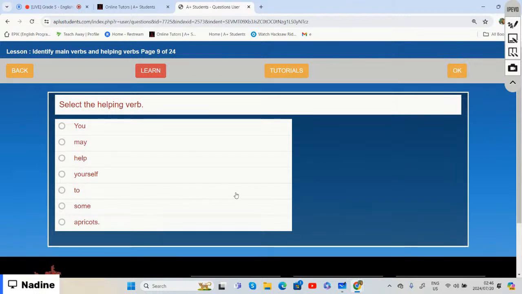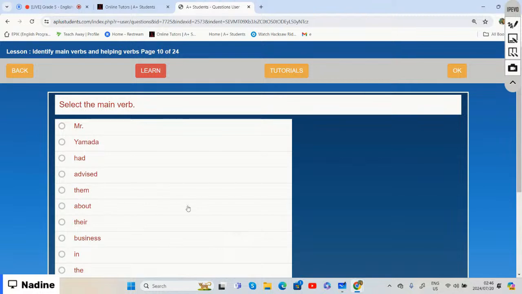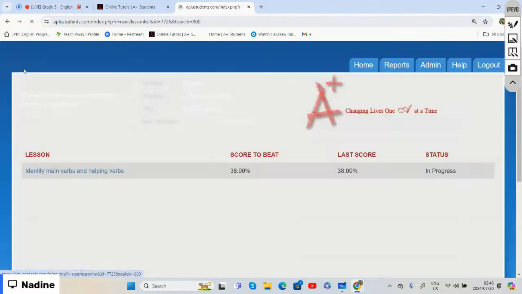All right, so if we select our helping verb, we can say you may, right? May. And may is our helping verb. Help is our main verb.